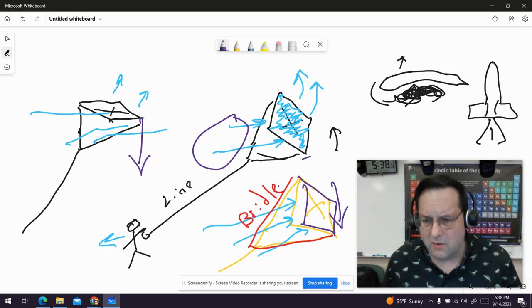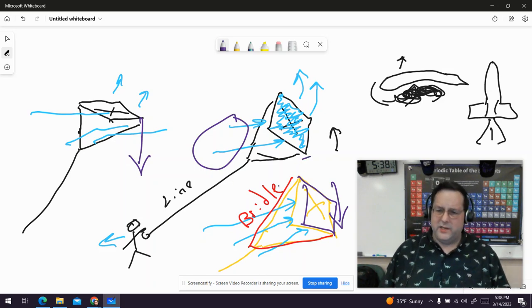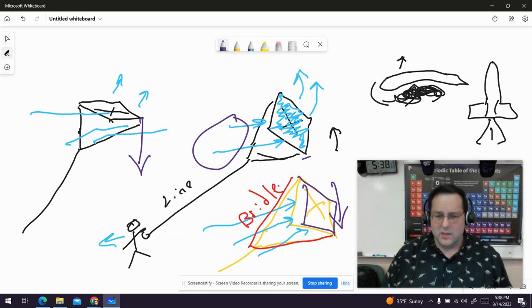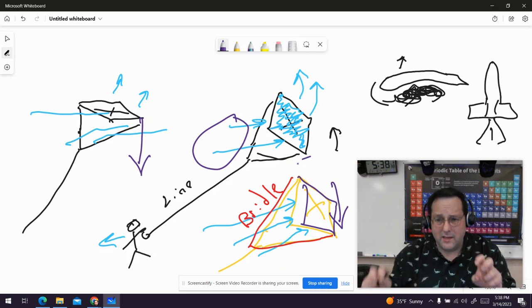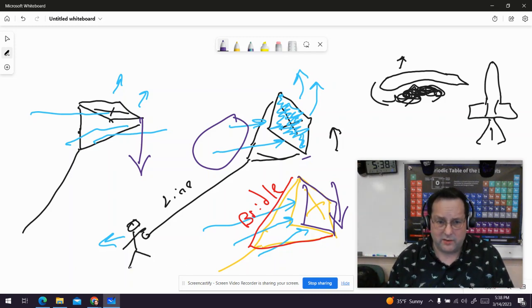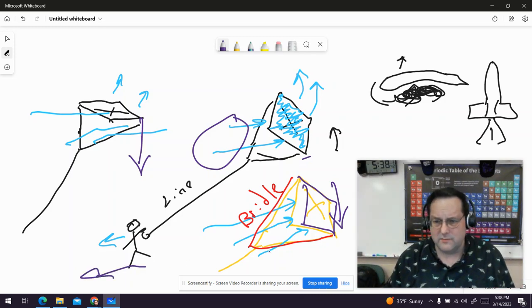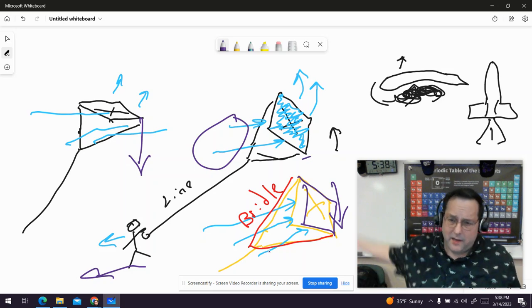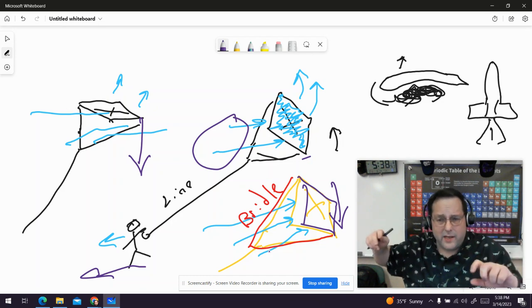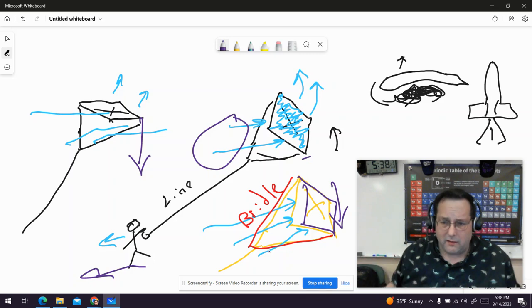Now, if the wind wasn't blowing, let's say you go out there and you're trying to get your kite up in the air and the wind's not blowing, you can generate fake wind. And we do that by generating thrust by running, right? That's what we sort of talked about in the thrust thing. I can take off running and have the kite out here, and I'm generating wind by running through the air.